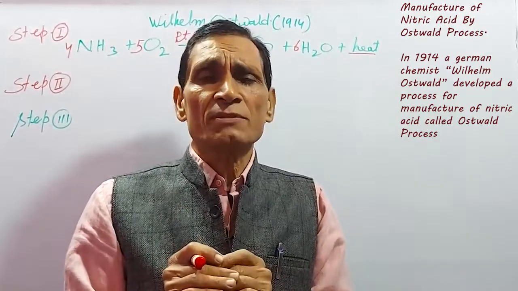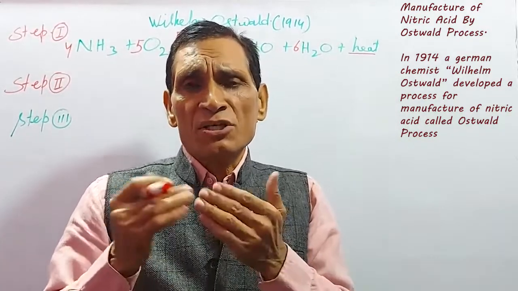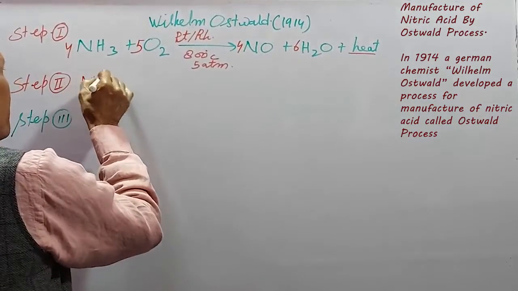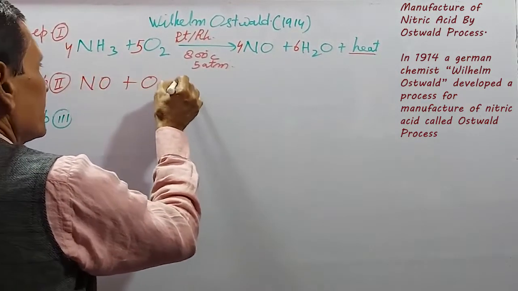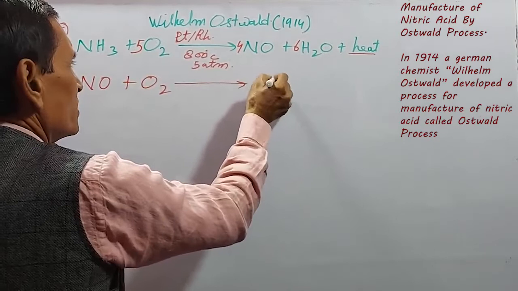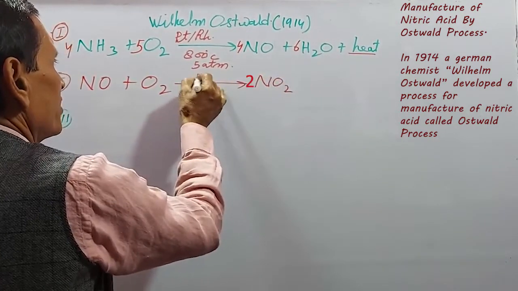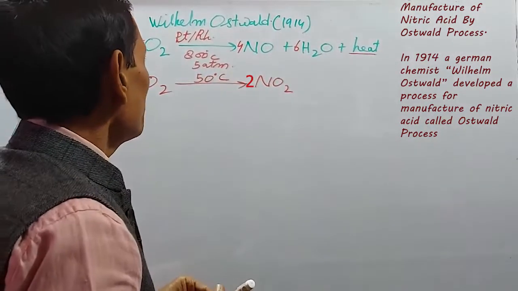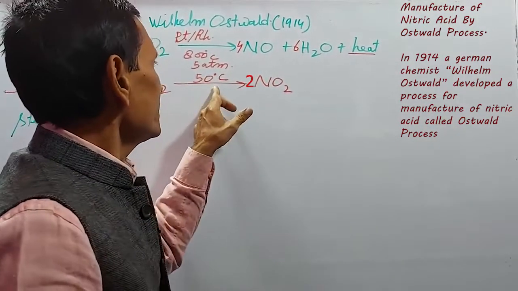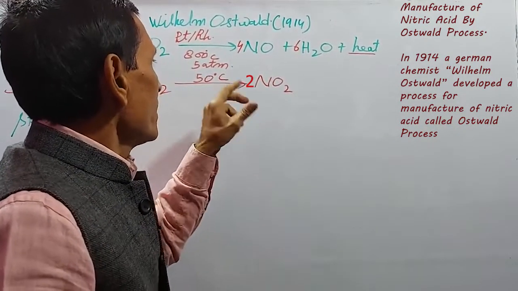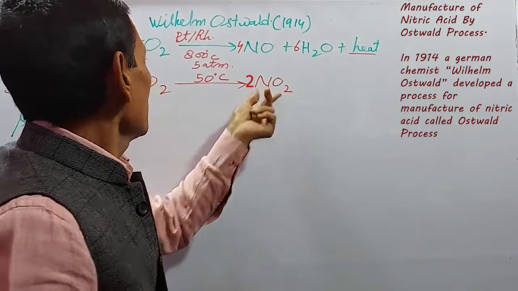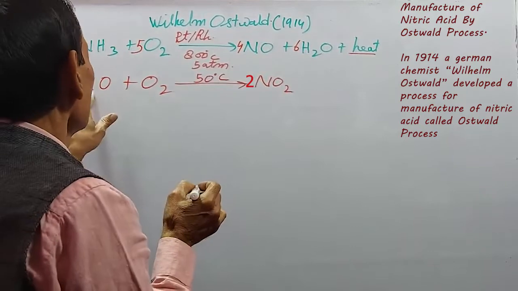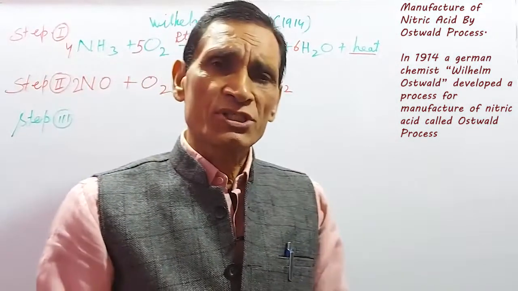Now this mixture is passed into the oxidation chamber where nitric oxide is oxidized into nitrogen dioxide at about 45 to 50 degrees centigrade. Temperature is maintained below 100 degrees because high temperature can decompose nitrogen dioxide into nitric oxide and oxygen.